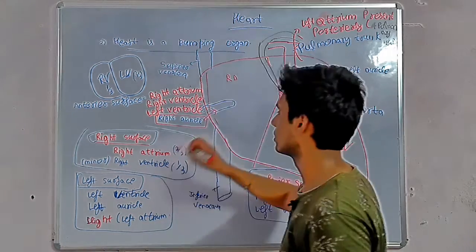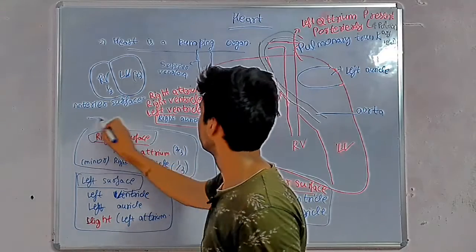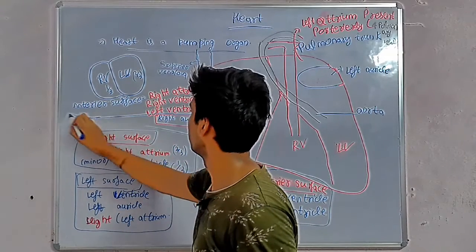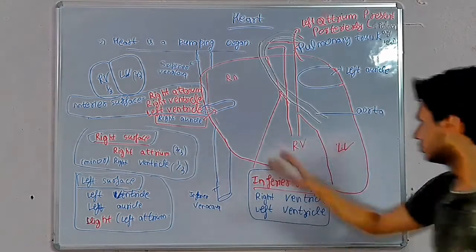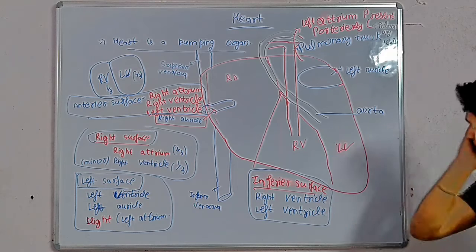This is the auricle. This is not part of the anterior surface. This is the whole anterior surface. So these are the four surfaces of the heart. First note this.